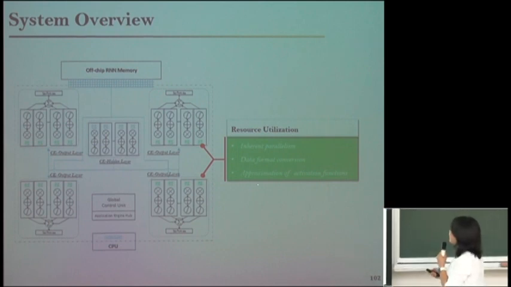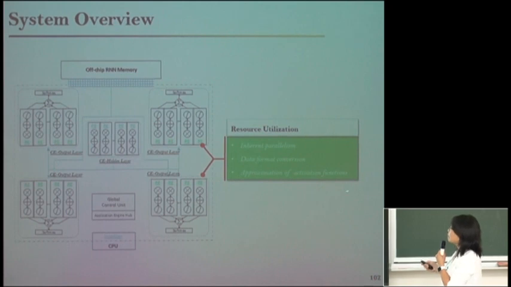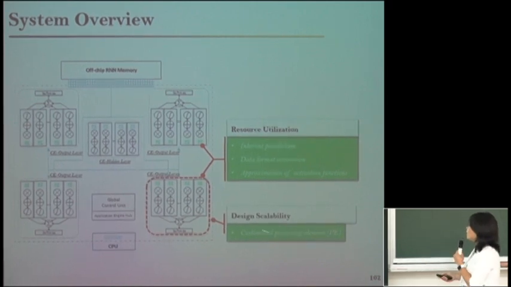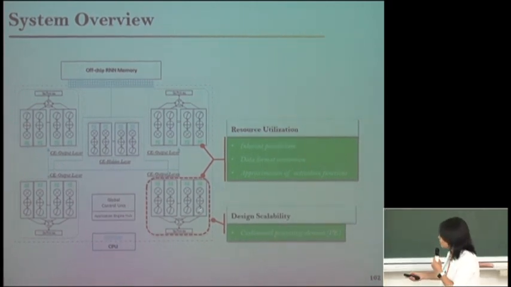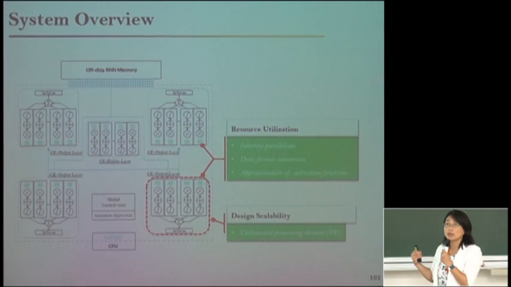For resource utilization, we use inherent parallelism. We talk about data format conversion. We also talk about activation function approximations. We have this PE-based structure. The design concept here is to try to improve scalability.